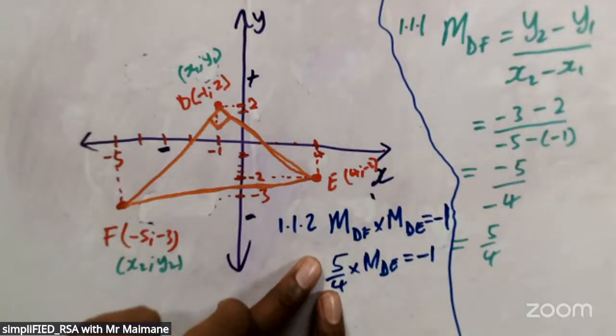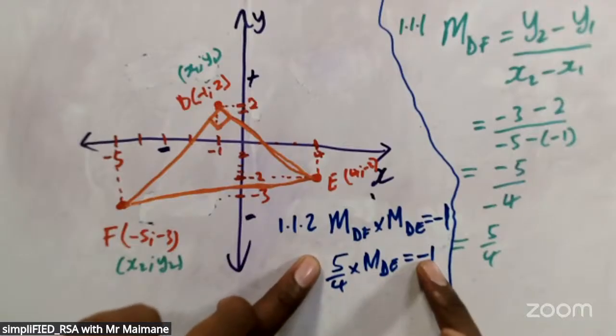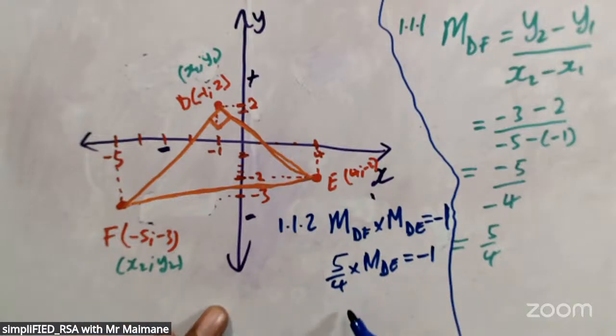You either divide by 5/4 both sides, or you can cross multiply the 4 with the -1 and then divide by 5. Whichever way you solve it, the gradient of DE will be equal to -4/5.